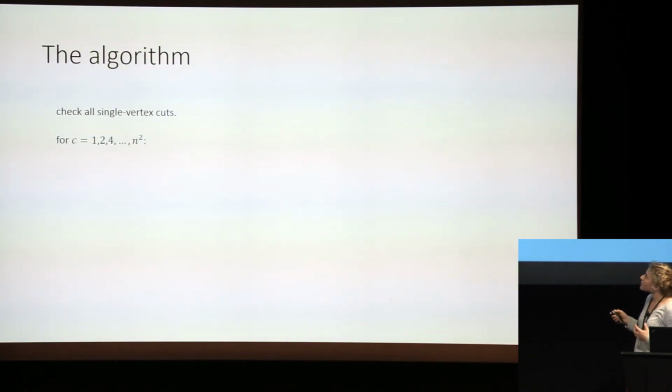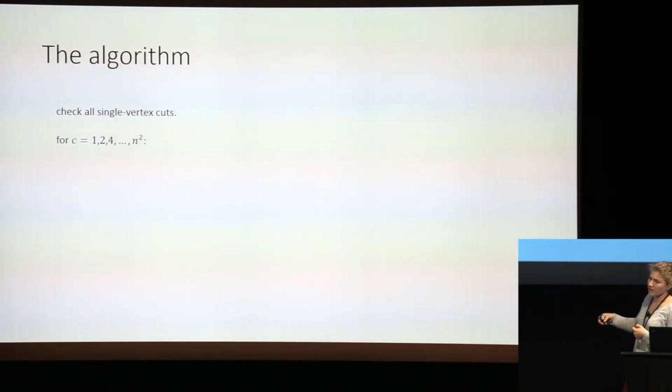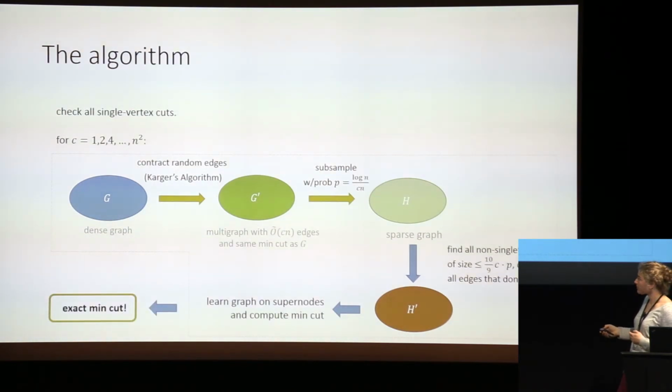All right, the only thing left is that I left out the possibility that it was single vertex cuts. So our whole algorithm is just: we check every single vertex cut, then we guess the value of the minimum cut. Before, I was sort of assuming that we knew what the minimum cut value was. Here we just guess everything within a factor of 2. Factor of 2 doesn't matter. We run the whole routine as described before.